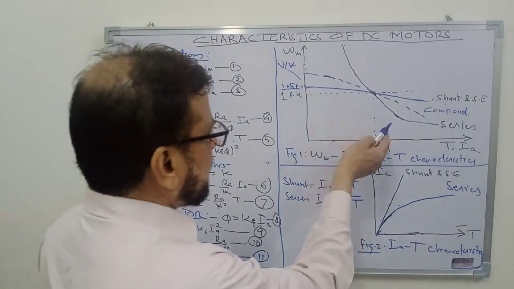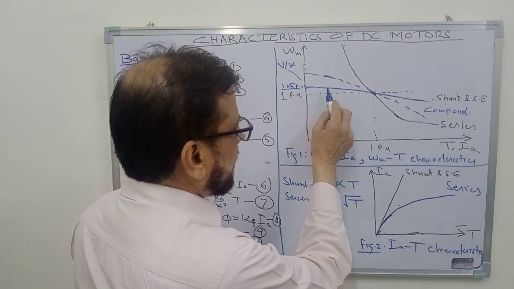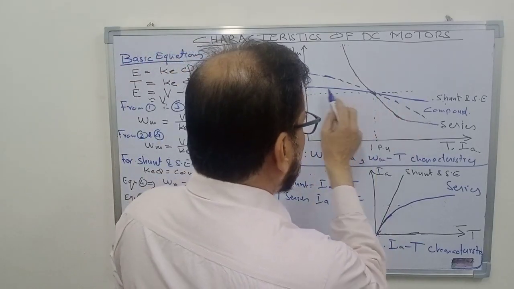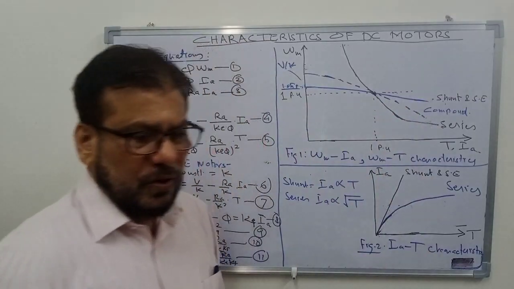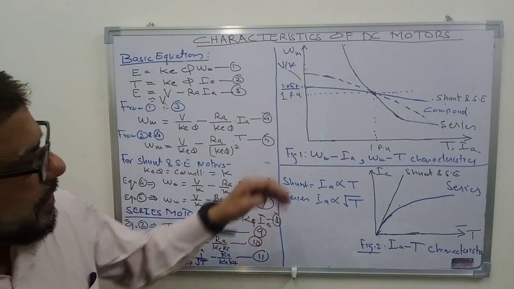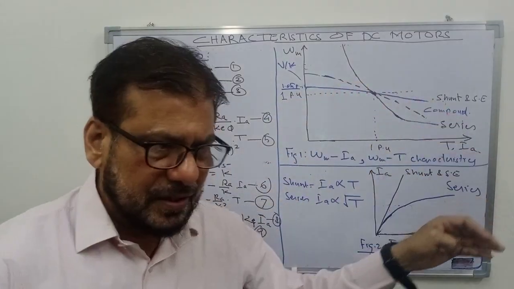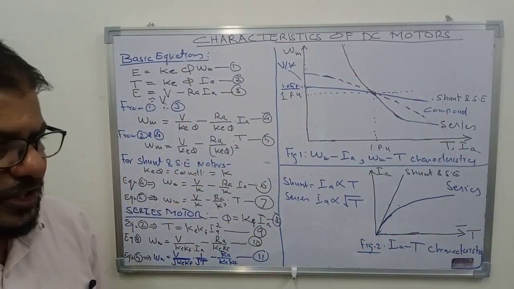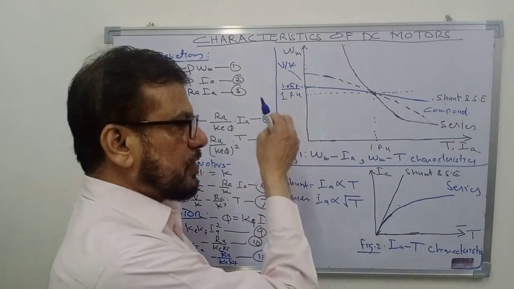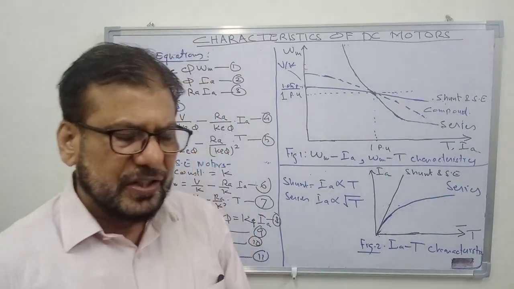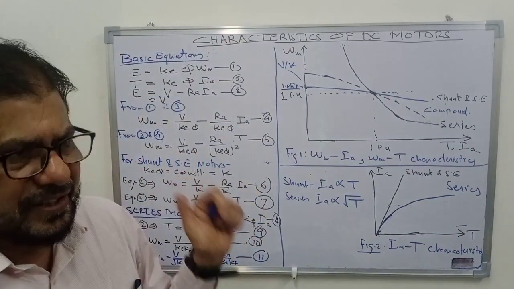One more thing you can see in the case of shunt motor, I have drawn a straight line here, but one factor also helps in getting good speed regulation, and that is the armature reaction. Because of armature reaction, as you know, as the motor is loaded, the flux is decreasing slightly.